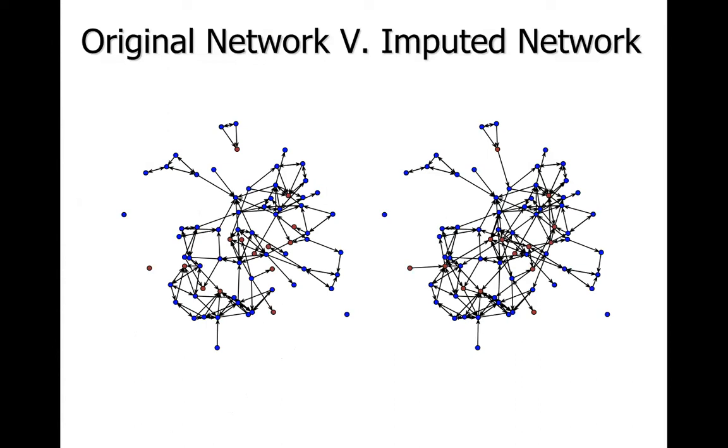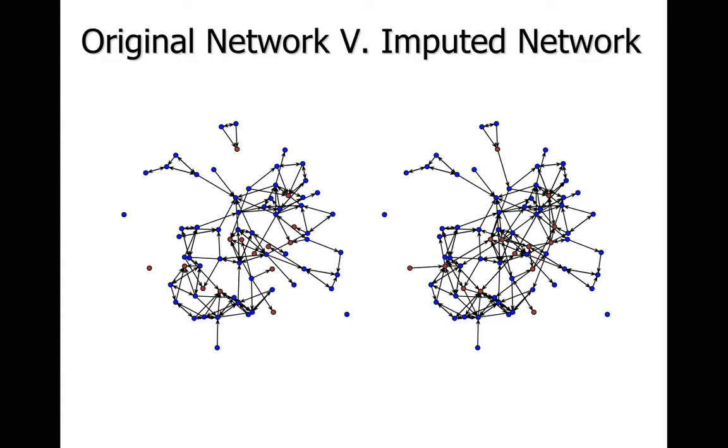So what's the story here, or what's the payoff from the imputation? Well, what's different is that there are now edges going out from the non-respondents. In the original network, there are only ties to non-respondents, but with the imputed network, some of those missing edges are now at least our best guess as to what they might have looked like had they filled out the survey.